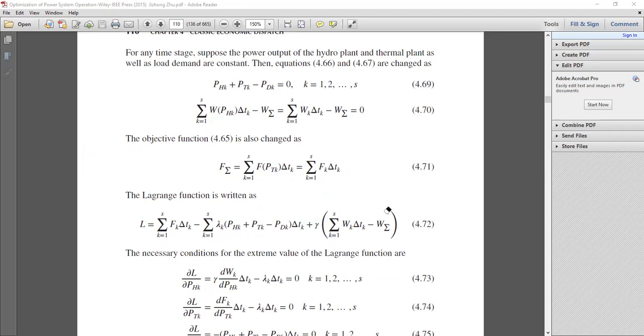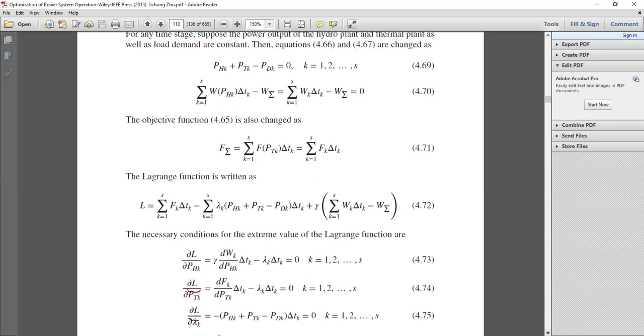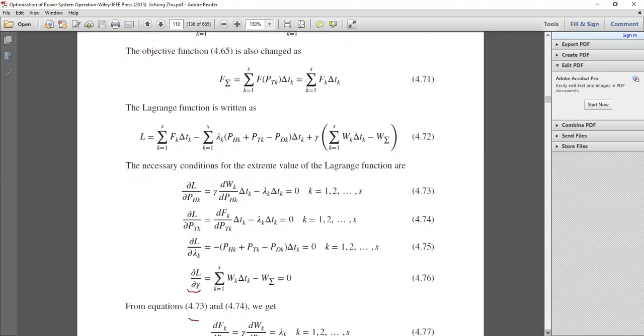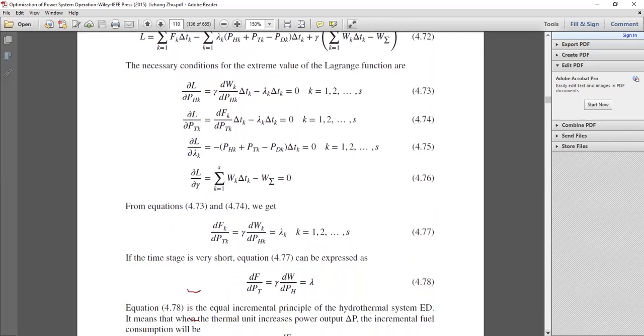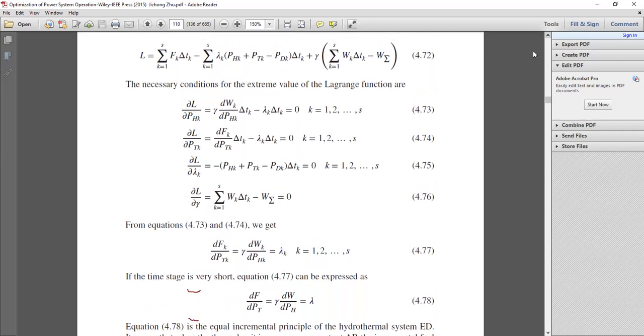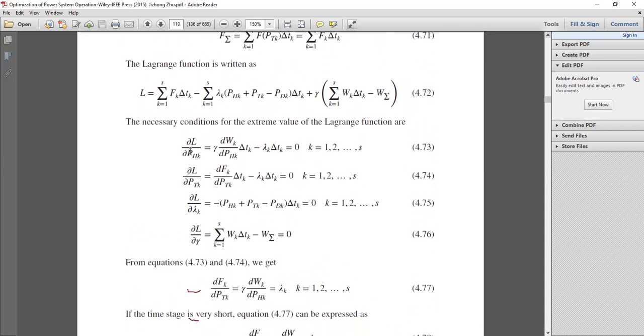So what are the unknowns? We have PHK, one family of unknowns. That is hydro generation for each instance. Thermal generation for each instance, PTK, is another set of unknowns.